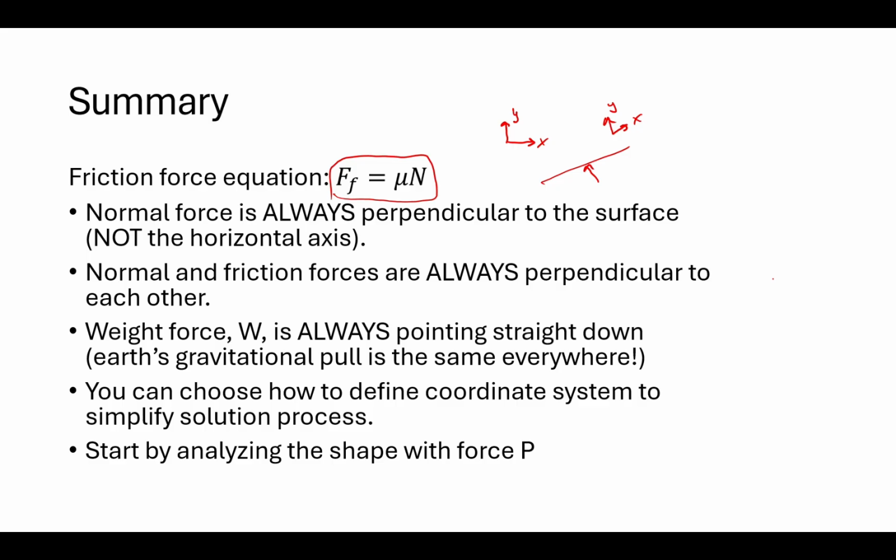Now, with any problem where you have multiple bodies on top of each other, I recommend starting by analyzing the shape with the force P. So always start with the shape that has the force, because based on that, you'll be drawing your directions for your friction forces, and then based on that, you want to make sure you also are drawing the correct friction forces and normal forces on the other blocks as you go. So start from P and then work your way from there.